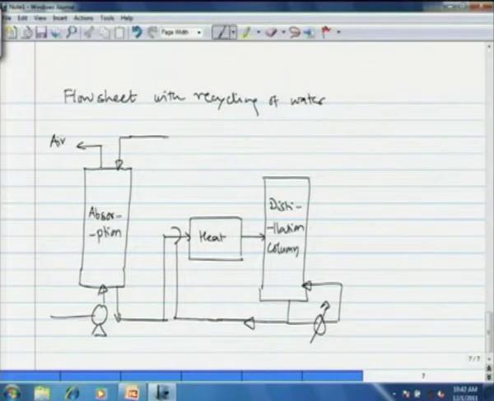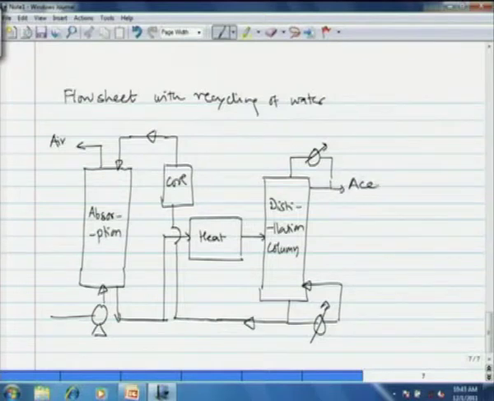Of course, here before putting the water back into the absorber, we have to cool it. Okay. And then pure acetone is recovered from the top of distillation column. Okay. So, this is how the flow sheet with recycling of water looks like. Now, you can see here that there is no effluent treatment here.